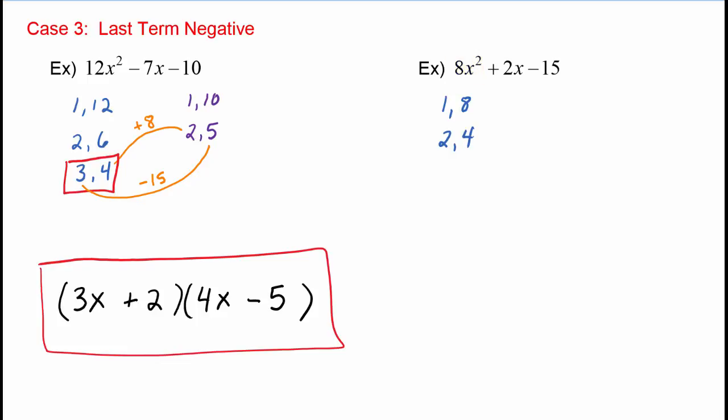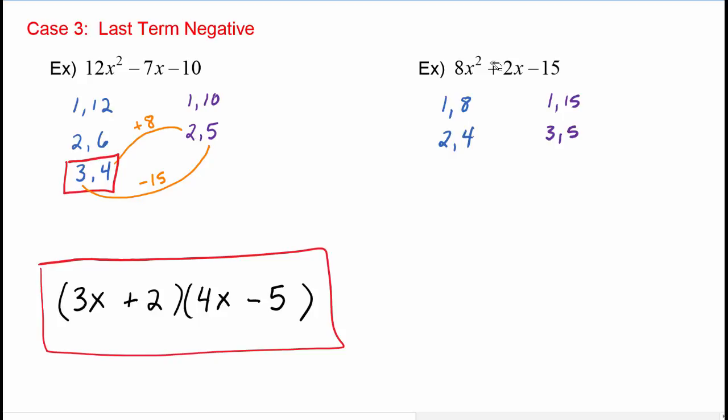The factor pairs for 15 are going to be 1 and 15, 3 and 5. And now, because the constant term is negative, we know that we're going to be looking for the difference in our product pairs. And we want that difference to be 2.